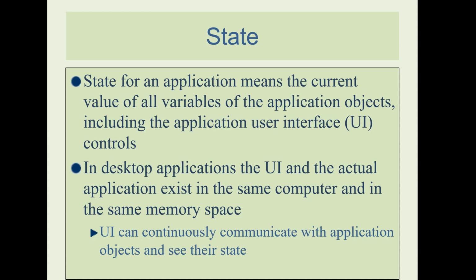That means the user interface is able to see exactly the same piece of memory as the actual application does. That means the user interface can see in real time what is the state of the different objects of the application. So there are no difficulties in this communication.